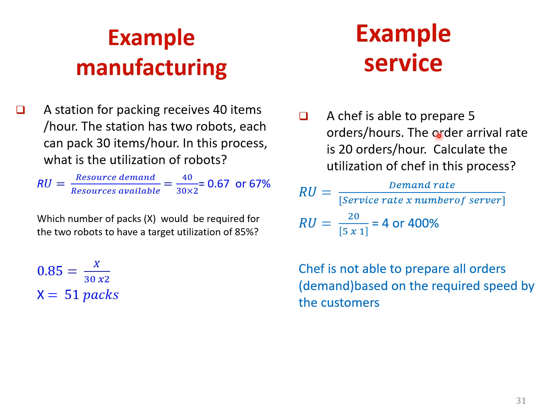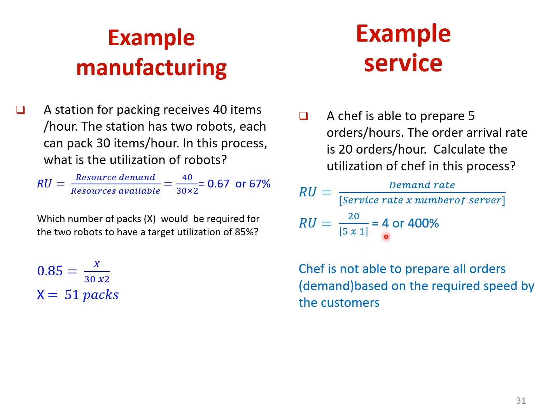For service, this is for a restaurant situation where we have a chef that is able to prepare 5 orders in an hour. However, the order arrival rate is 20 orders per hour. Calculate the utilization of the chef in this process. So demand here is 20 because the order received is 20, but the chef is only able to prepare 5, and we only have 1 chef.